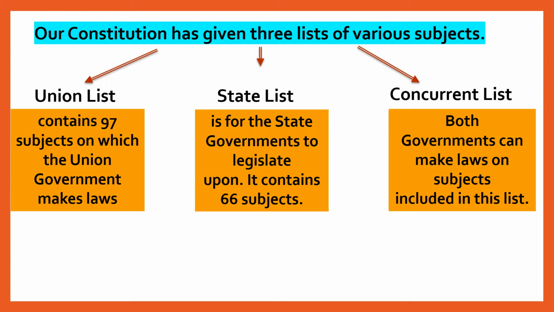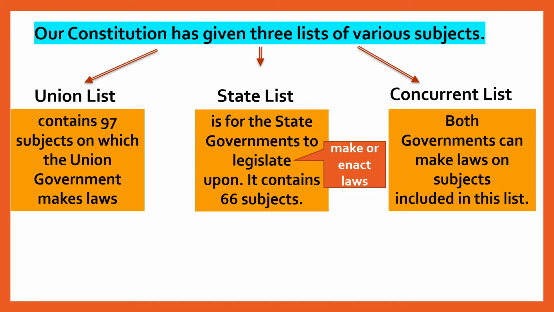The first list is called the Union List. It contains 97 subjects on which the Union government makes laws. The State List is for the state governments to legislate upon. It contains 66 subjects. The meaning of legislate is to make or enact laws.